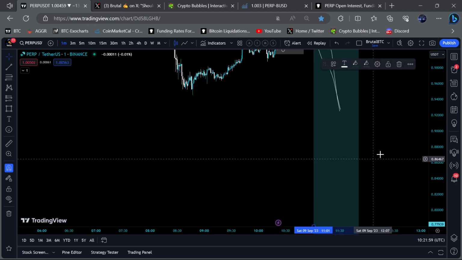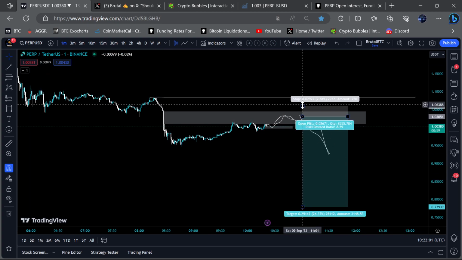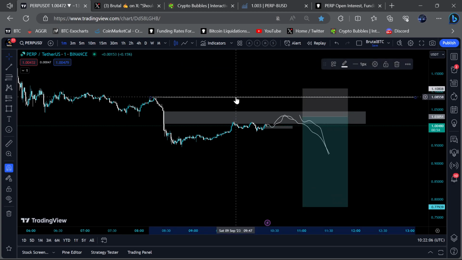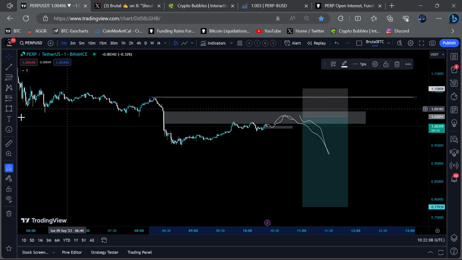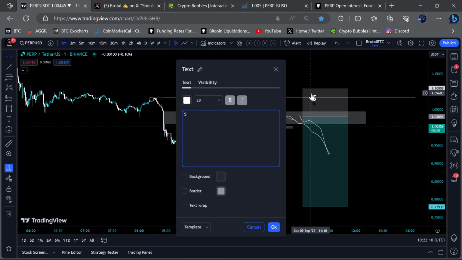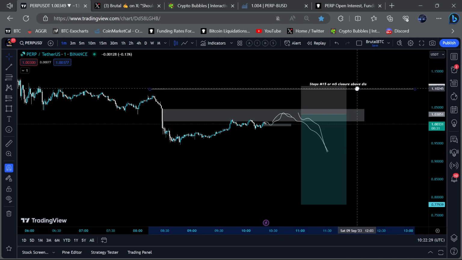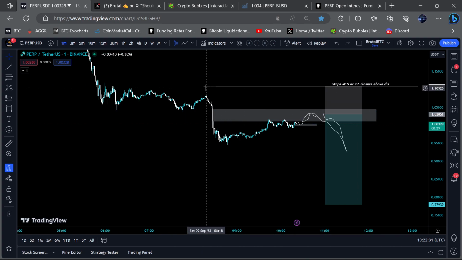Just throw it down. Take TPs as you wish. So the stops are M15 or M5 closure above this, over here.